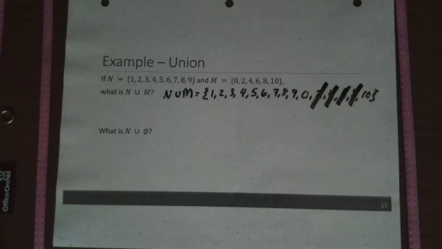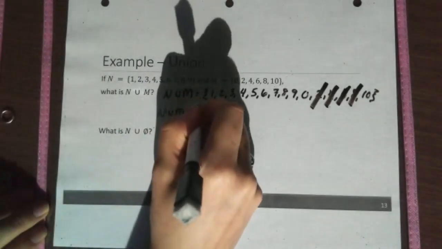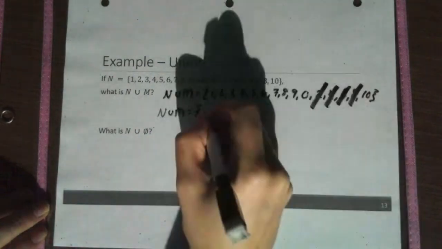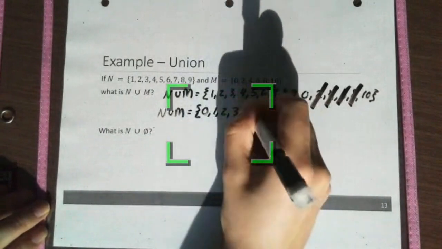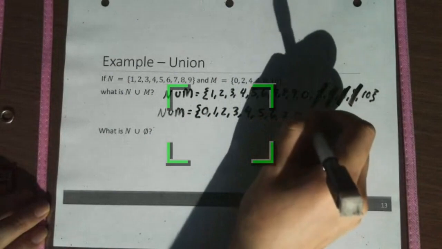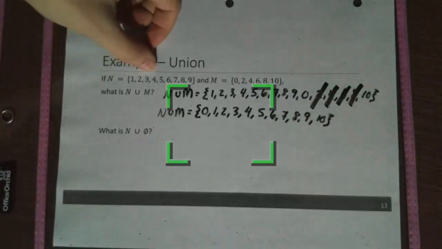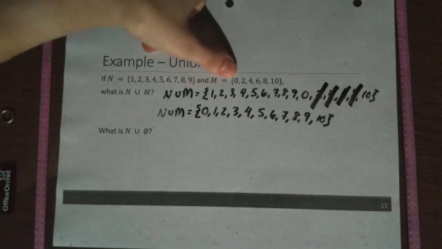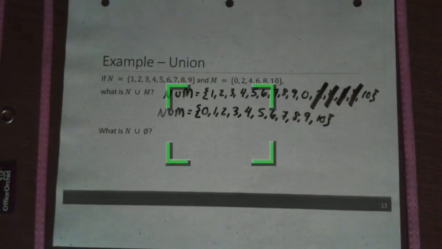So you could write these in any order you want to. I just really prefer to put them in numerical order. That's fine. If you want to leave them in the order that they're in, that's fine too. But if I want to put them in numerical order, I'm going to write them as 0, 1, 2, 3, 4, 5, 6, 7, 8, 9, 10. That's everything that is either in N or in M or in both, but listed only once.